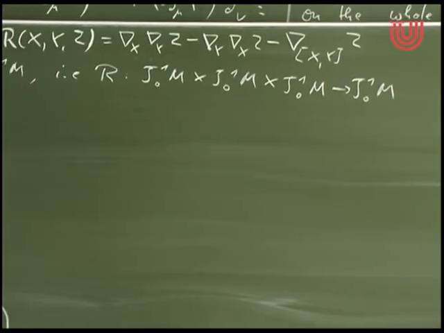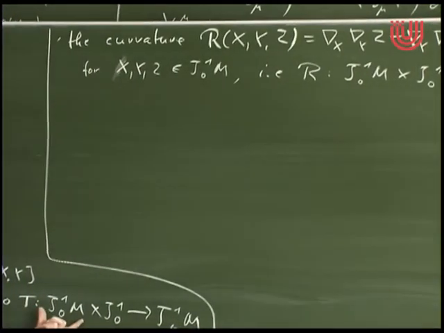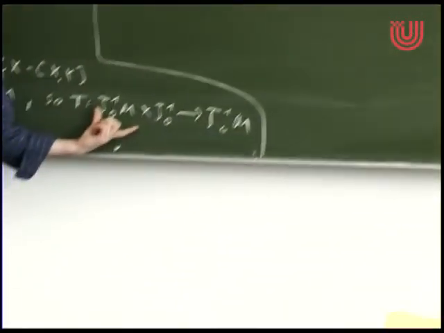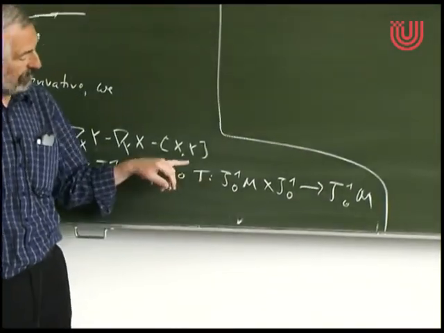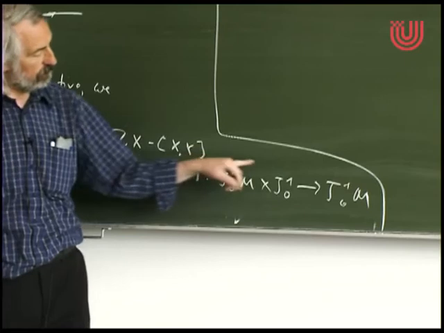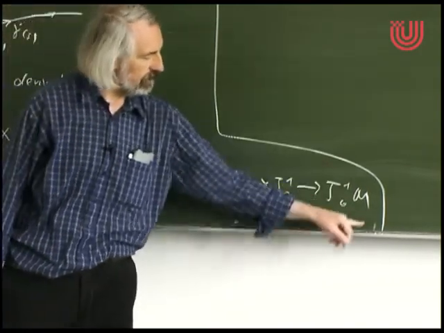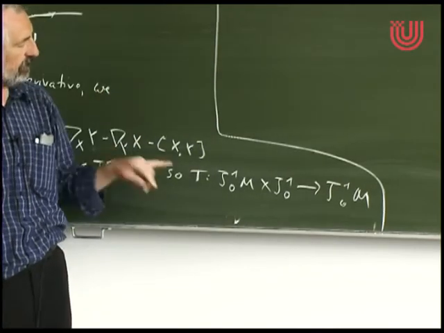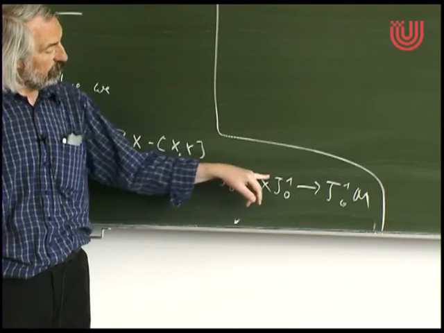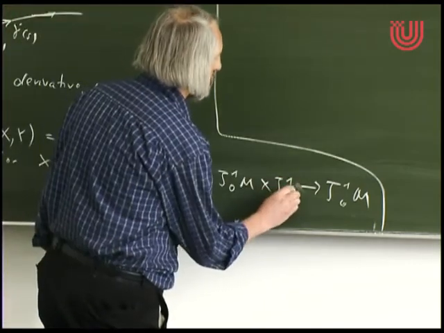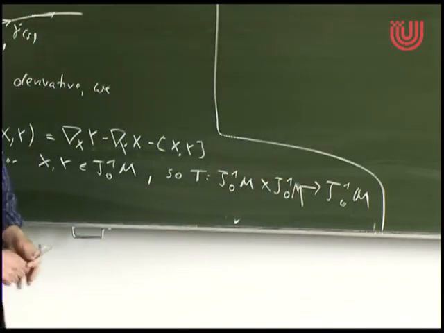And now my claim is these two things are tensor fields. So my claim is they are linear over functions in each slot. Remember, the del operator was a map of exactly the same form. It had the same domain of definition and the same image set. But it was not a tensor field, and the reason was that it was not tensorial in the second slot.